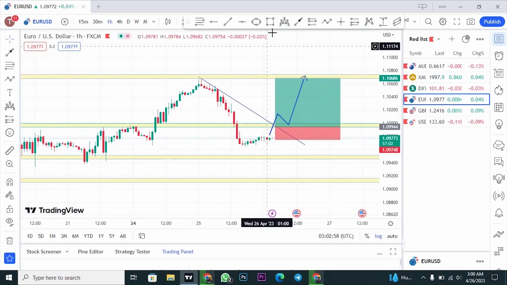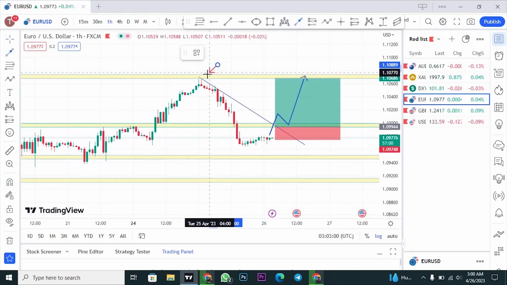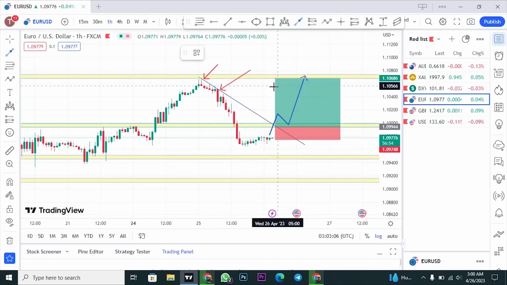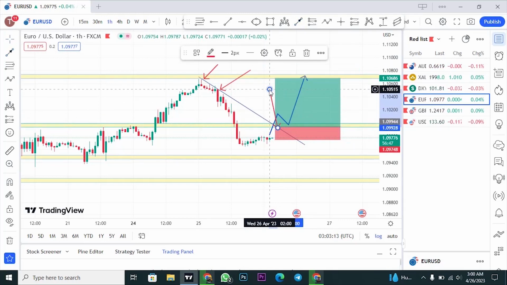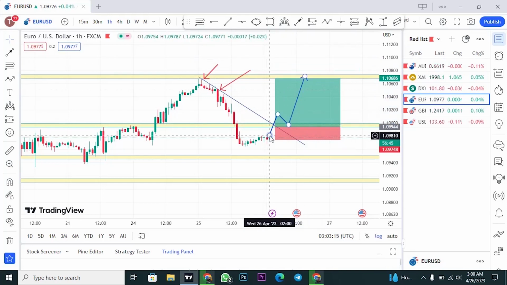So as I said earlier, you can see we have a first touch right here, we have a second touch right at this point here, and now we're waiting for a third touch and also a breakout of the trend line right here. When the market is able to break out of the trend line, I'll wait for a retest right at this point and then a push to the upside.